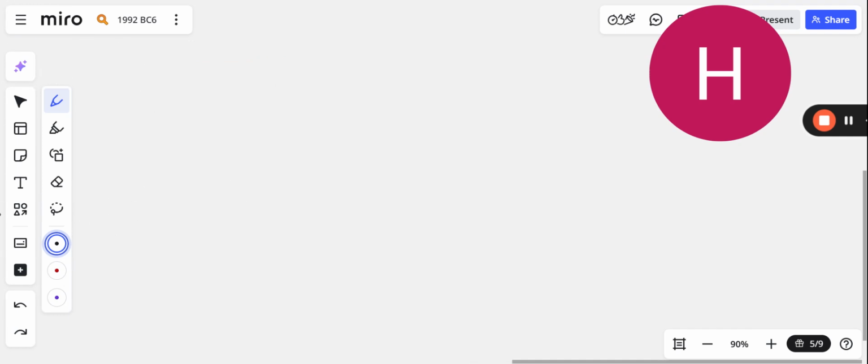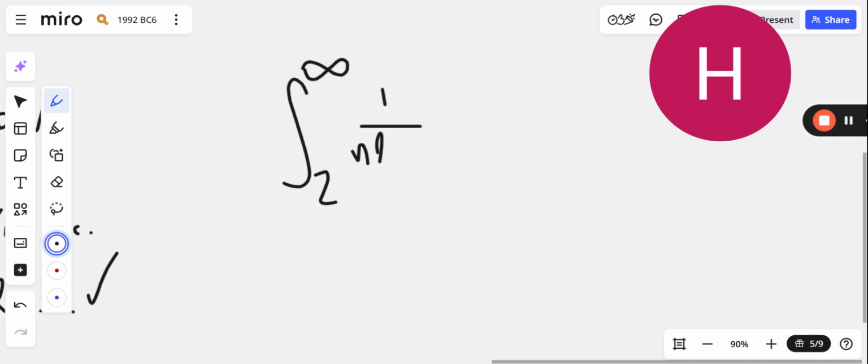Okay, let's find the integral here. We need to find the integral from 2 to infinity of 1 over n ln of n. This is just a simple, you could do a u sub if you wanted to. I guess what I'll say is we're checking 1 over x ln of x. Maybe it's just me stuck in my ways using x's.